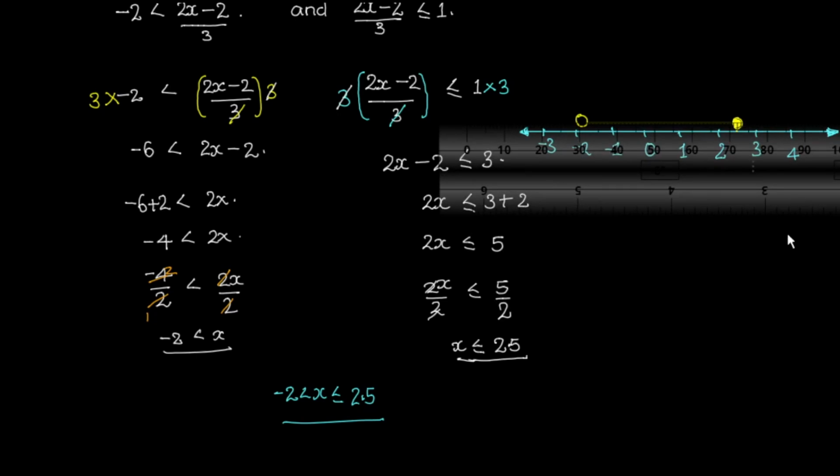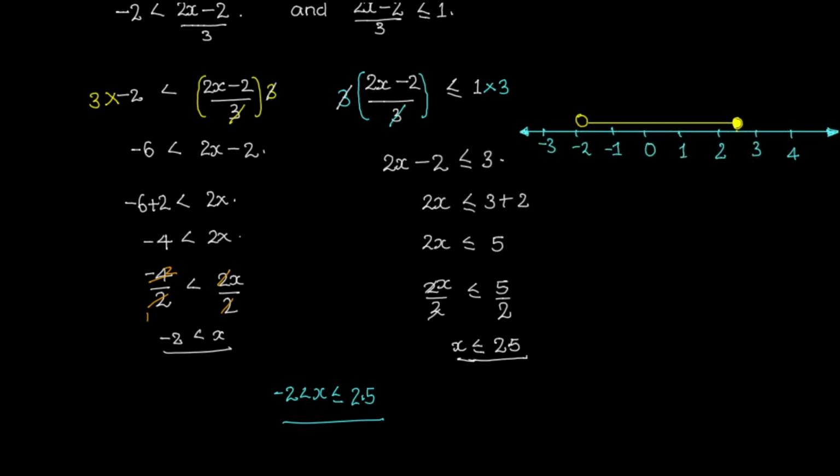Okay, now what are we left with writing what we had as the solution here, that negative 2 is less than x and is less than or equals to 2.5.